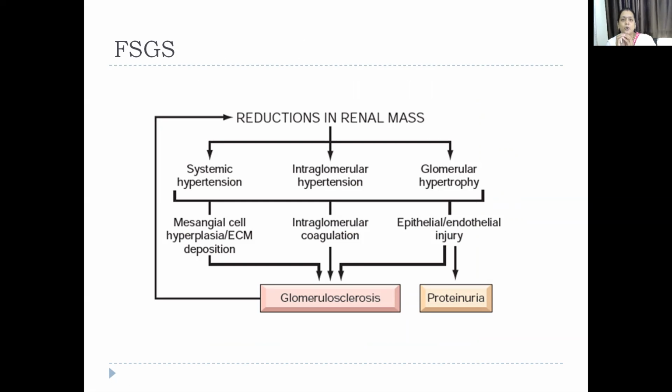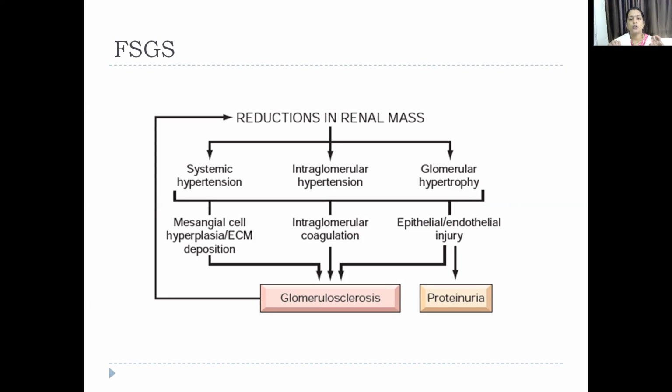The disease progresses usually in the form of focal segmental glomerular sclerosis and tubulointerstitial injury. After antibody formation, after recruitment of cells, after formation of an injury already, the progression of the disease in the kidney happens by two things: focal segmental glomerular sclerosis and tubulointerstitial injury.